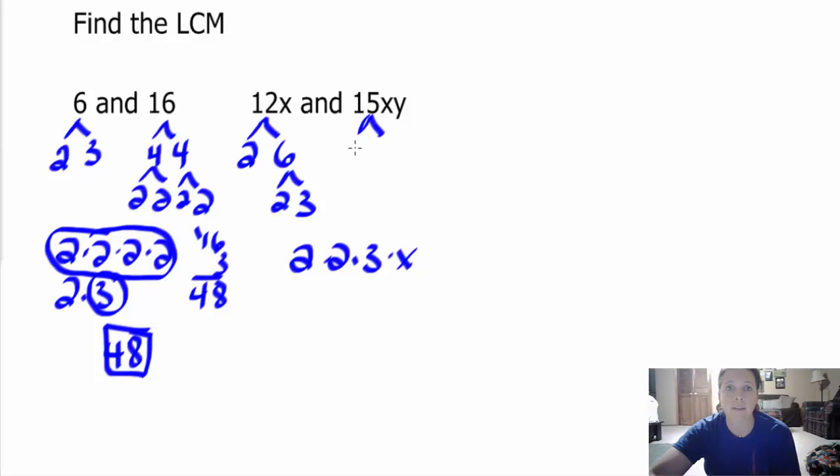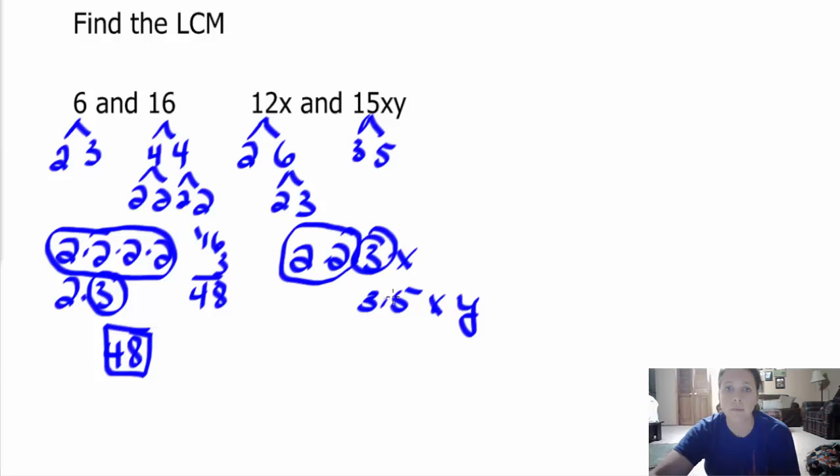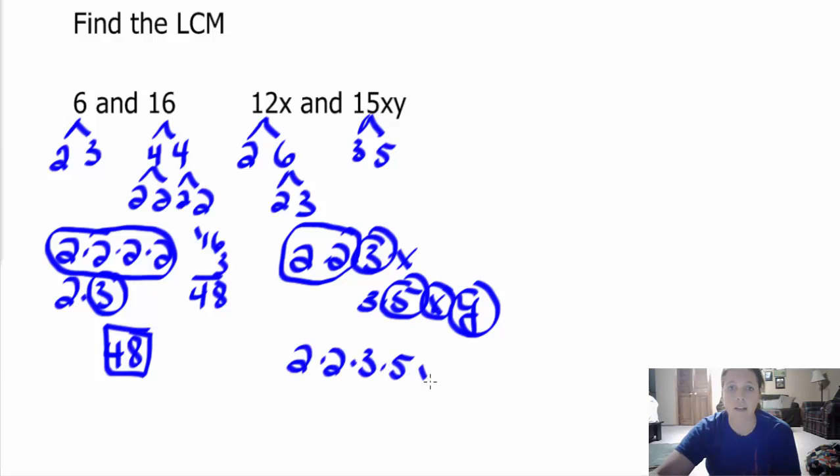And here we have 3 times 5. So just 3 times 5 times x times y. So again, we circle the ones with the most. There's 1 x and 1 y. So this is going to be 2 times 2 times 3 times 5, and then xy.